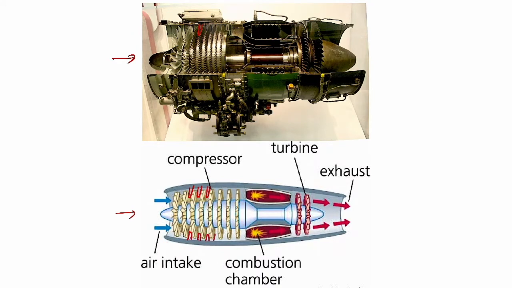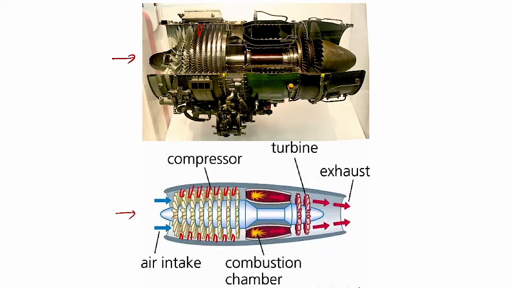They would be in between each set of blades for the compressor. The compressor blades are rotating because of the rotating shaft. They're airfoil shaped, and the purpose of each compressor blade is to increase the pressure in the air as it goes past. The stator vanes are the fixed vanes, and they don't rotate.